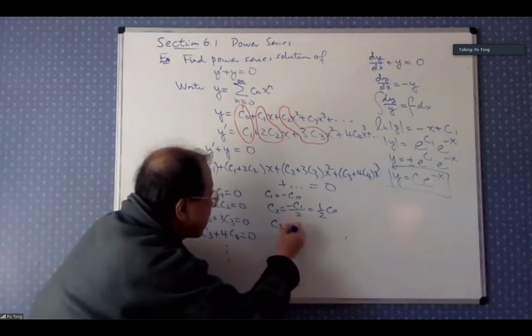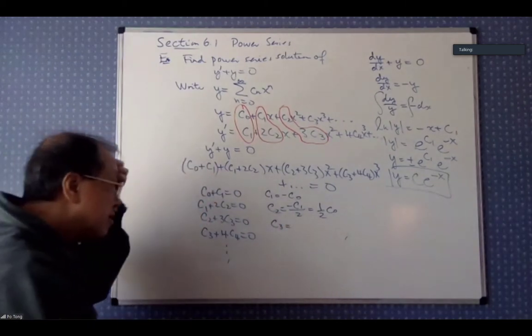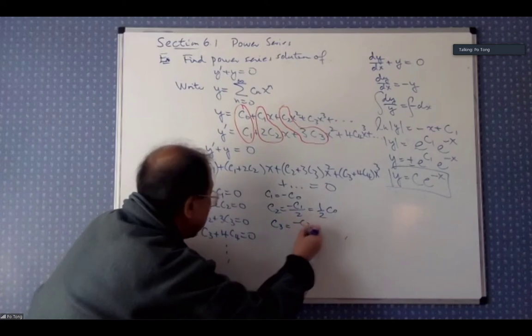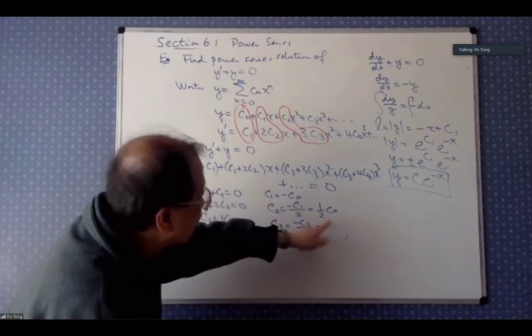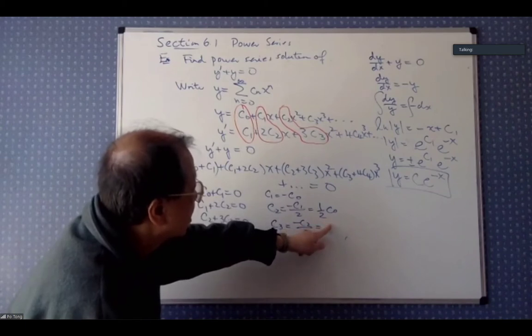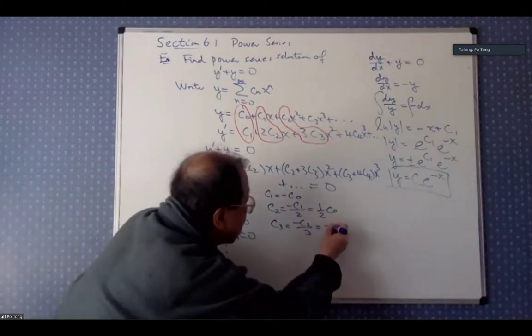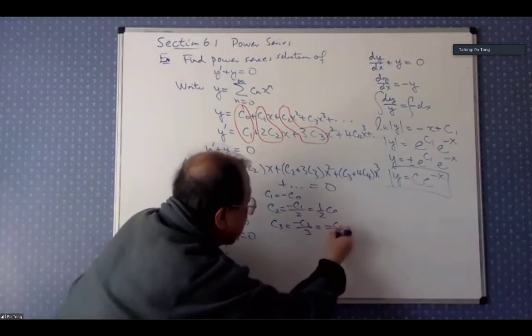C3 is negative C2 over 3. But C2 is this guy, so it will be negative this guy over 3. Okay, so negative this guy divided by 3.